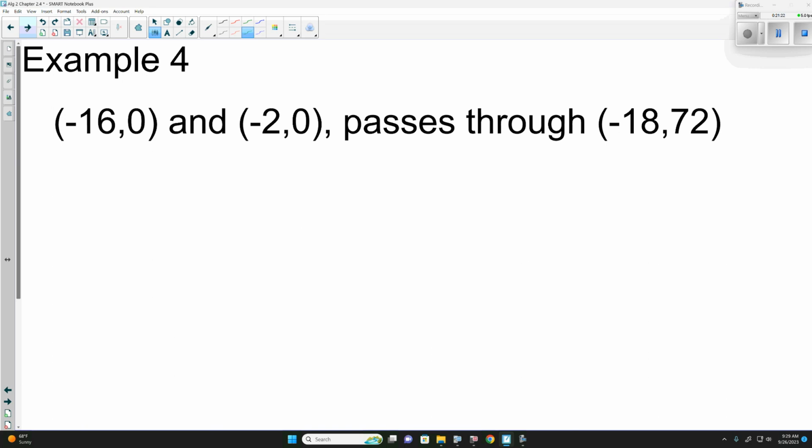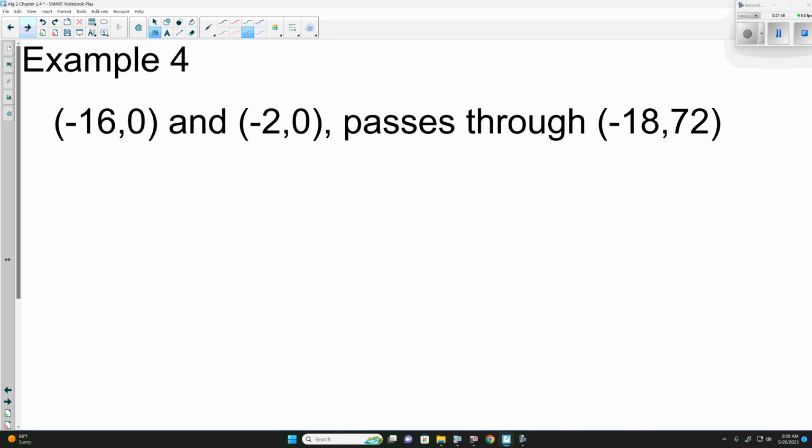Example number 4. Negative 16 comma 0 and negative 2 comma 0 and passes through this point. Did they give us the vertex? No. And most of the time when they give us the vertex, they're going to tell us it's the vertex because we need more information than that.